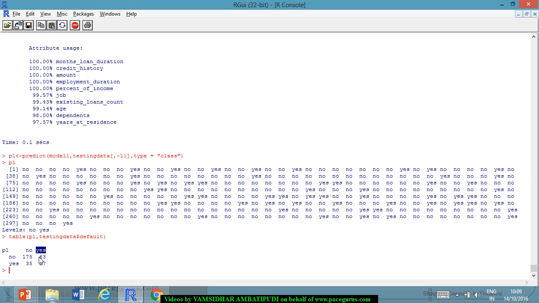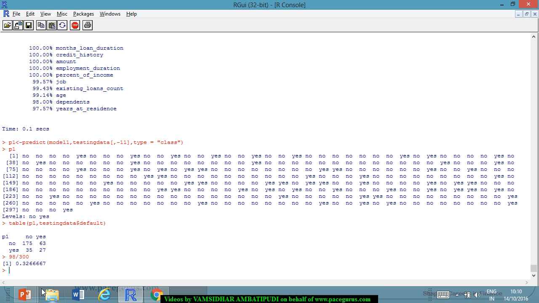So 63 is the error, and similarly this 35 is also an error because my model has predicted as yes, whereas in reality they did not default. So the overall error rate of the model is 63 plus 35, 98 out of 300, approximately 32.66%.